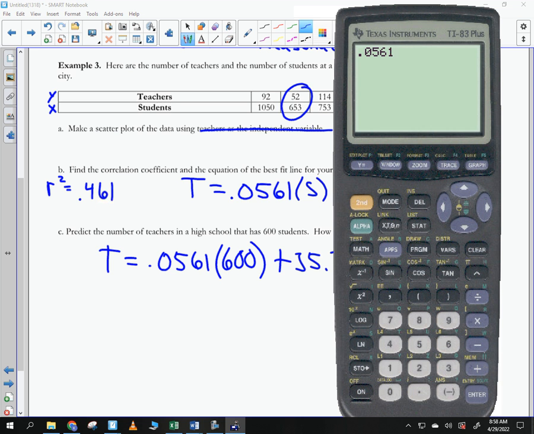I get 68.78. So that 52 is probably not the best number. 68.78 teachers.